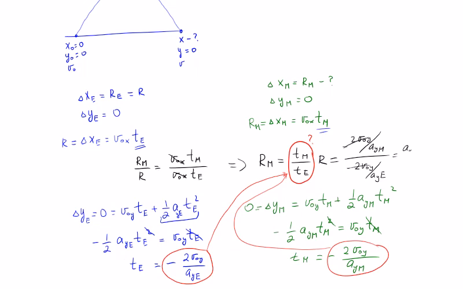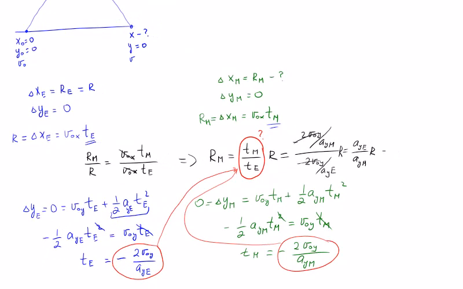We'll get a y on the earth over a y on the moon. And of course, I forgot the r here, times r. If we plug in the values, -9.8 meters per second squared divided by -1.62 meters per second squared, times r will give us 6.05 r. So the range is going to be 6.05 times greater on the moon than it is on the earth.